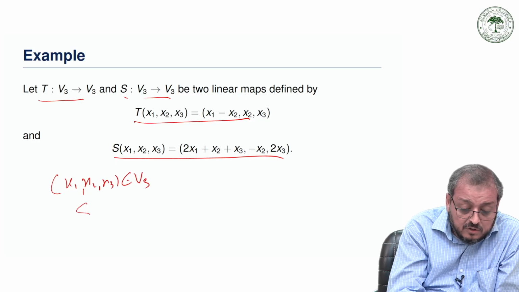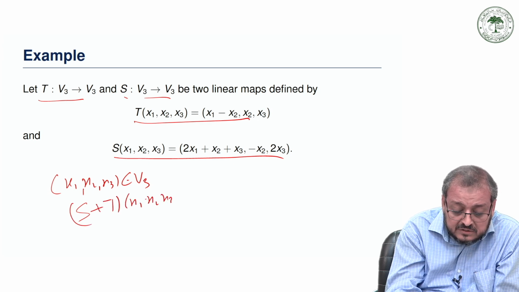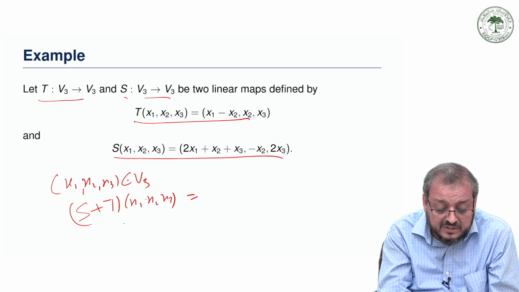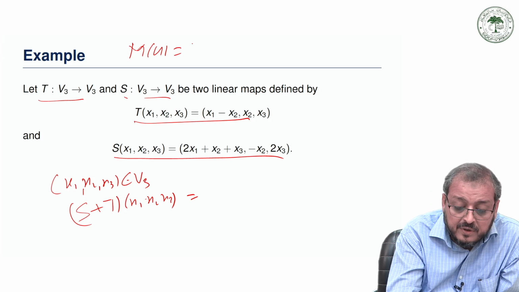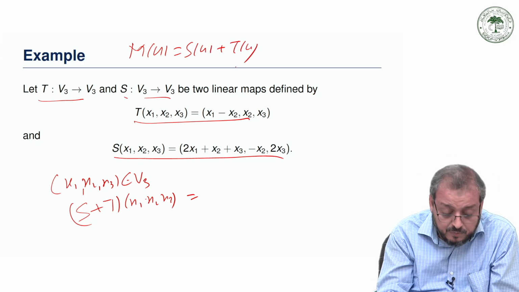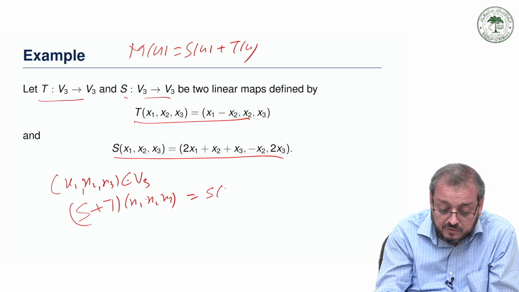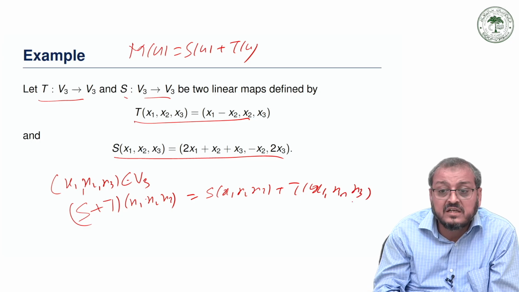Then S plus T of x1, x2, x3, by the definition, is S of u plus T of u, which is S of x1, x2, x3 plus T of x1, x2, x3.